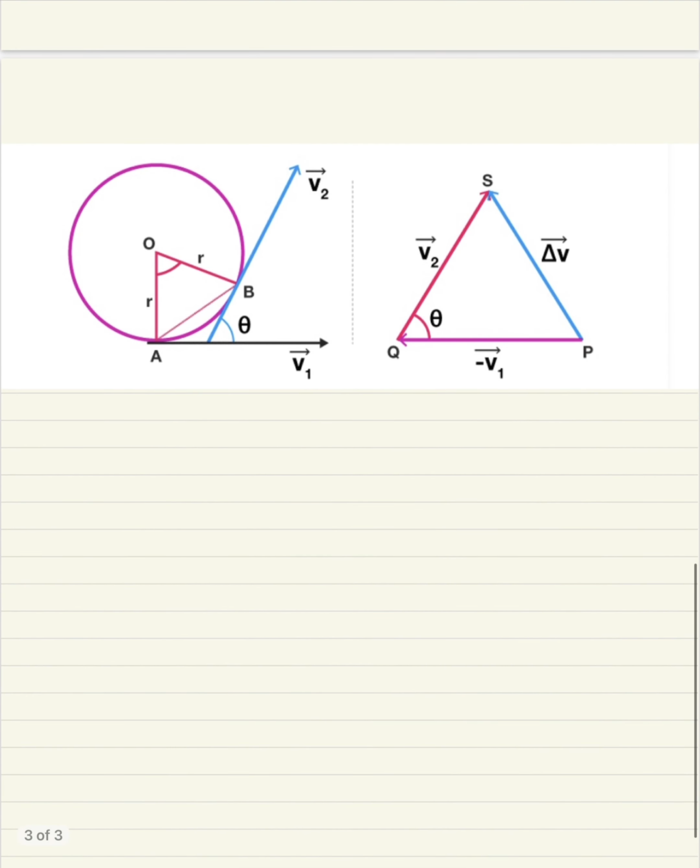Now that you know what centripetal force is, this is a small diagram showing you what centripetal force looks like, right?